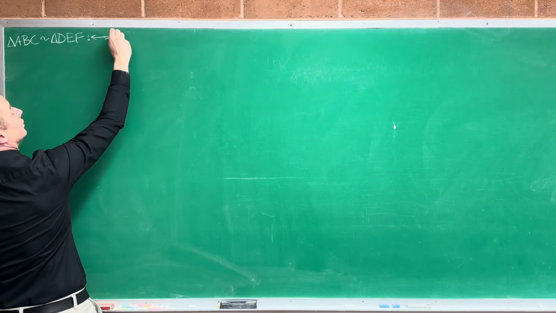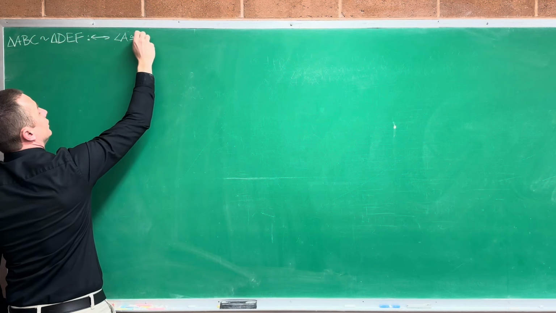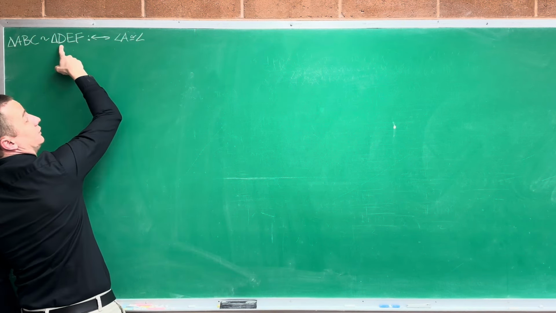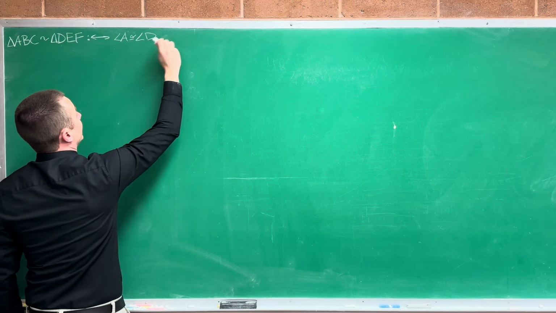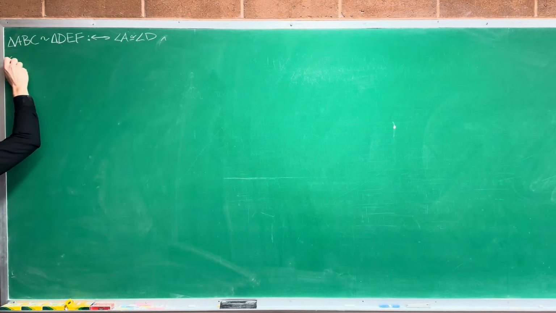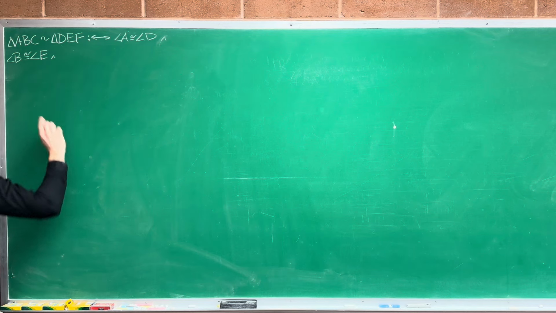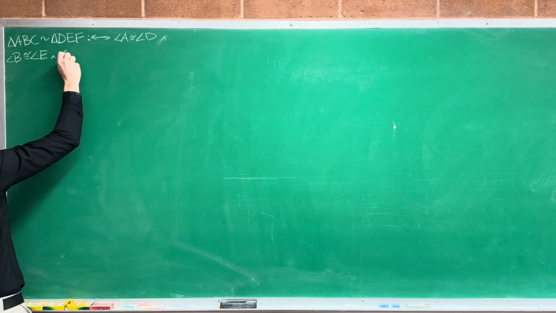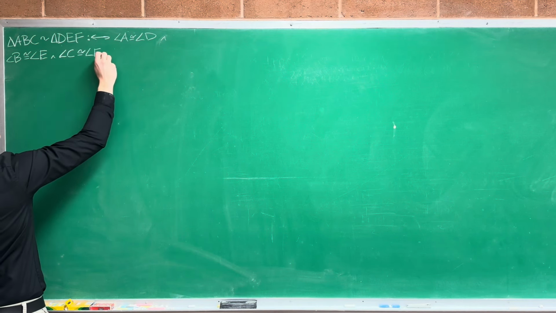So that gives us that angle A is congruent to angle D, angle B is congruent to angle E, and angle C is congruent to angle F, and what else?